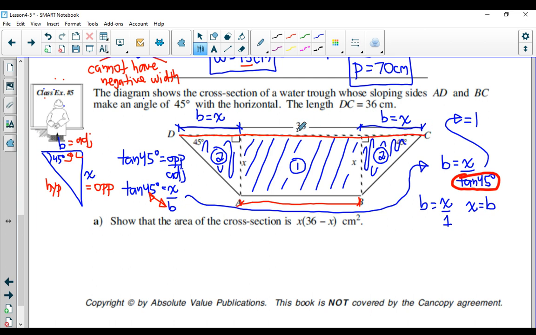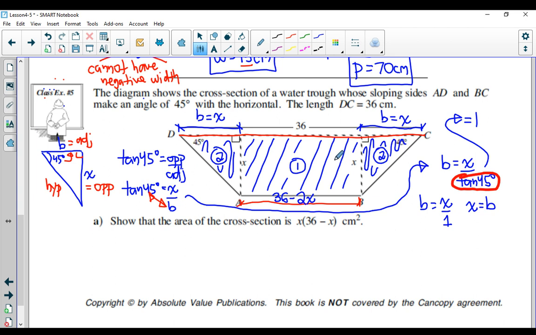So we're going to take 36 centimeters and subtract these two horizontal lengths B. Take the full length, which is 36, and subtract 2 of these B lengths on the side here, which is subtracting 2 x's. So that's going to be the length of this rectangle in the middle.